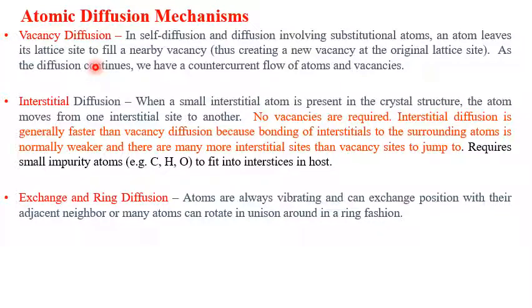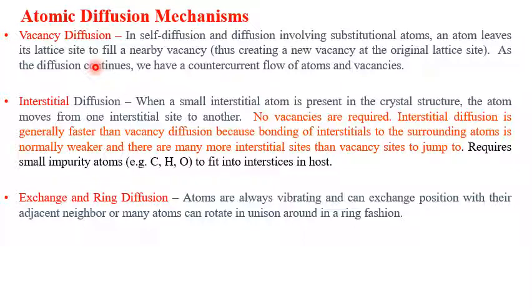So what is vacancy diffusion? We said, what is a vacancy? A vacancy is nothing but an atom missing from its prescribed site. If it is missing from its place, that is a vacancy. Now there are chances that the surrounding atoms can come and occupy that vacancy.